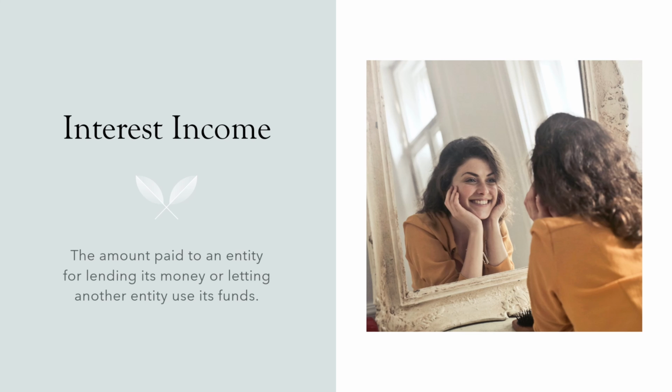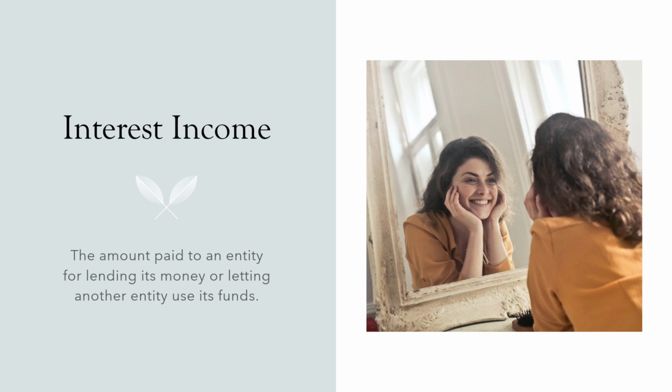So let's talk about the interest income that a lot of us are used to. Let's say that you use your credit card, you go to buy a car, or you go to purchase a home. If you do not pay cash for whatever you need, you're probably going to be paying interest. So for the pleasure of using their funds, you're going to pay that back with interest.